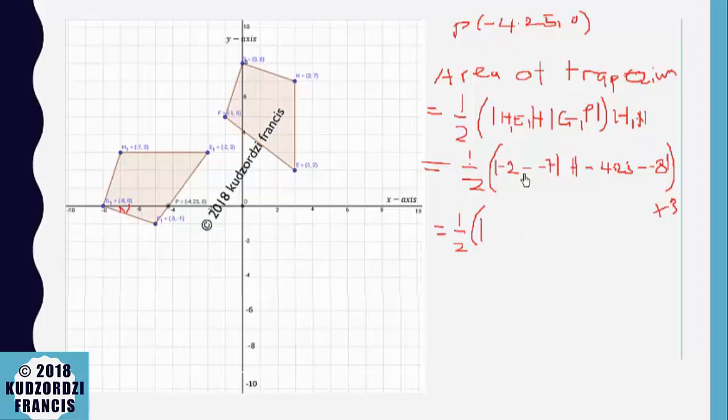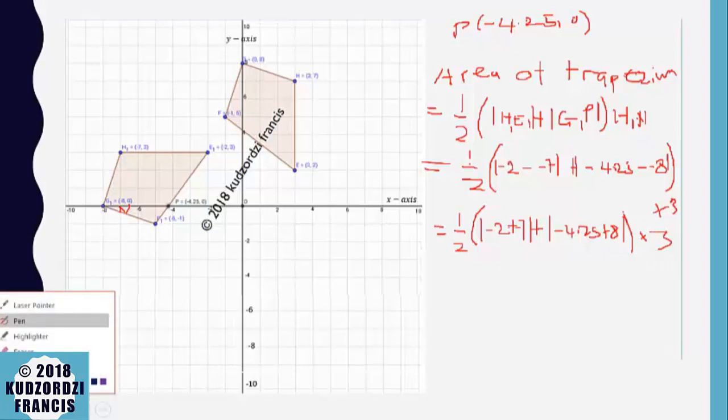into the absolute value of this, which will give us -2 plus 5 plus 7, then plus -4.25 plus 8, times the vertical height, which is 3.